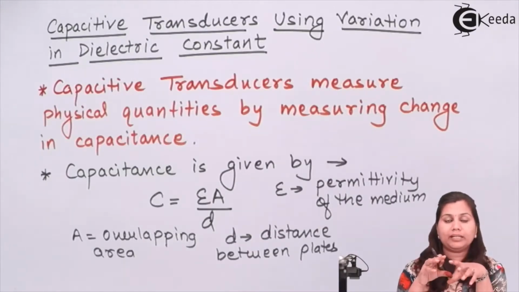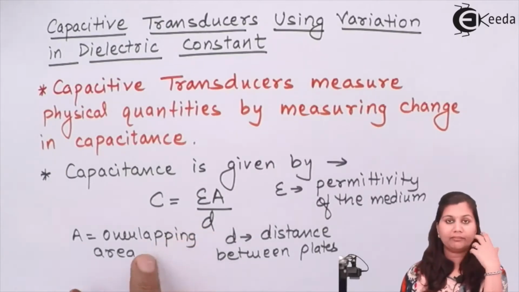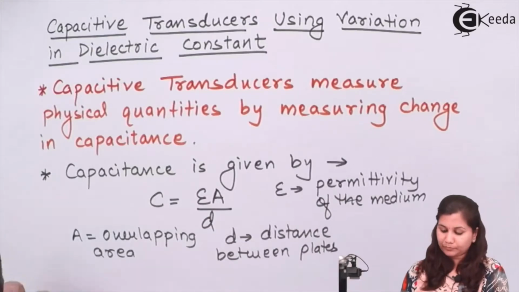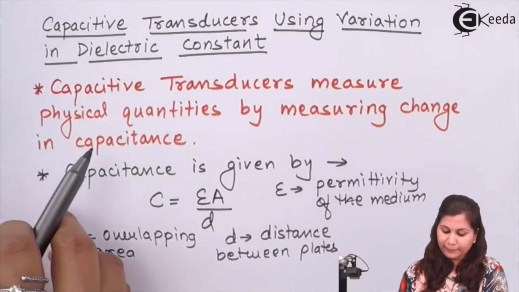That dielectric medium has a dielectric constant, and if we vary it, we are varying the permittivity of the medium. So here we are going to study the capacitive transducer used for the measurement of different parameters by changing the dielectric constant.